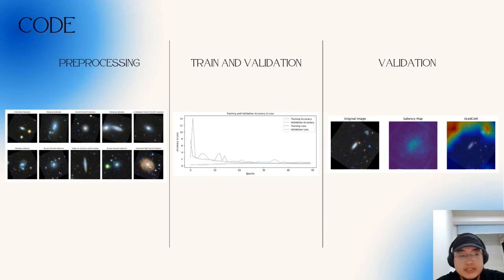After training, to get a better understanding of our model, we use Saliency Map and Grad-CAM to interpret our model. As you can see from the Grad-CAM, the model sometimes gave wrong predictions based on strange features on the edges of the image.